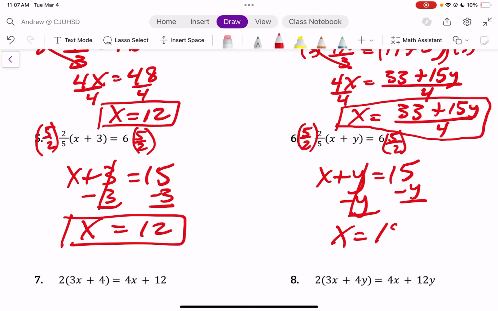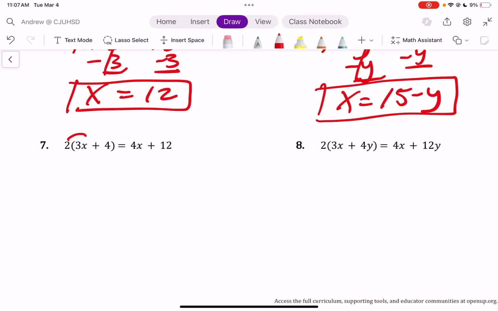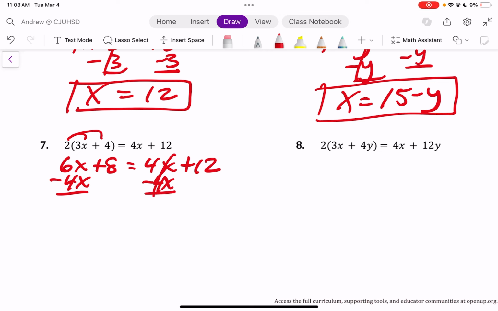And it's 15 minus y, because 15 and y do not combine together. Lastly, I'm going to distribute the 2. I'm going to take away the smaller x. So 2x plus 8 is 12.